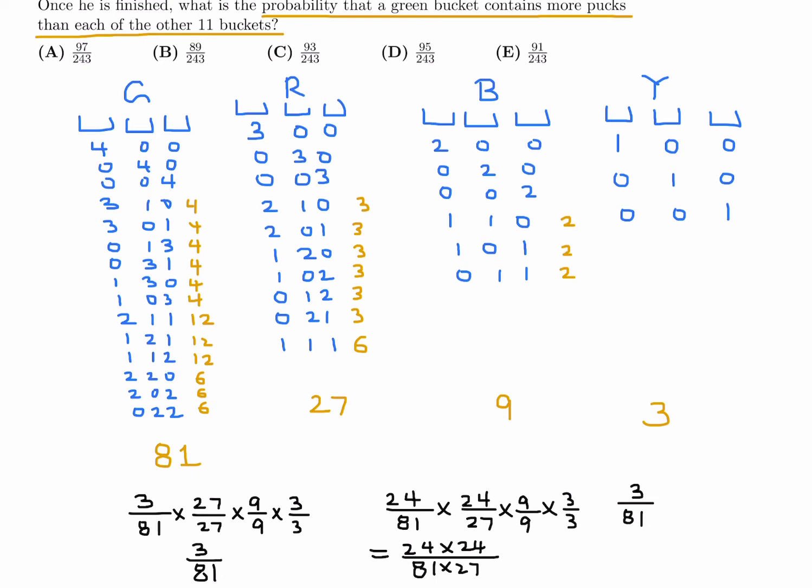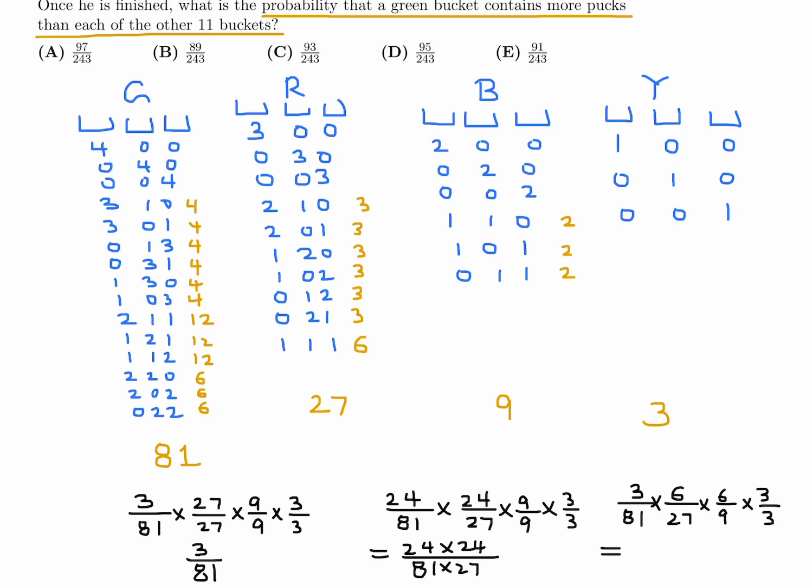So let's see here. This is the only one that has 1s. So 6 of those out of the 27. And these ones. So that's another 6 of the 9. And all of these should be okay. So 3 of those 3.